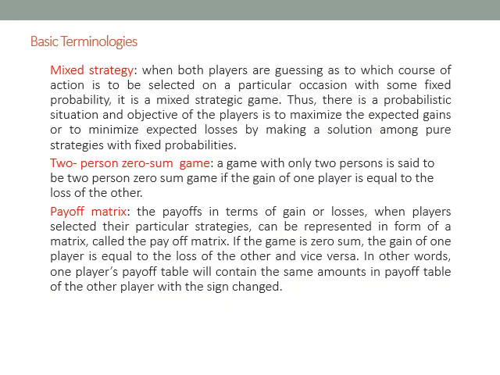If the game is zero-sum, the gain of one player is equal to the loss of the other player and vice versa. In other words, one player's payoff table will contain the same amounts as the payoff table of the other player with the sign changed.